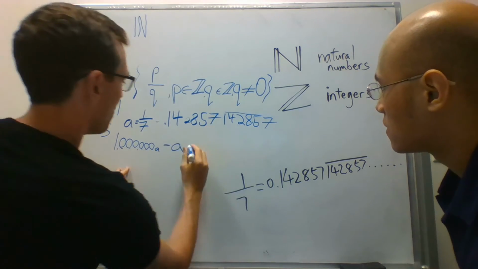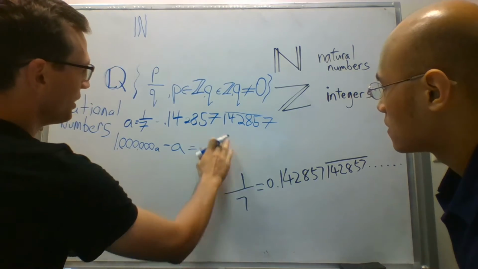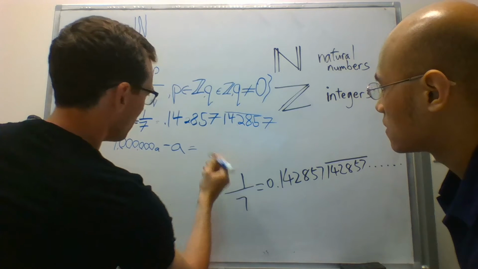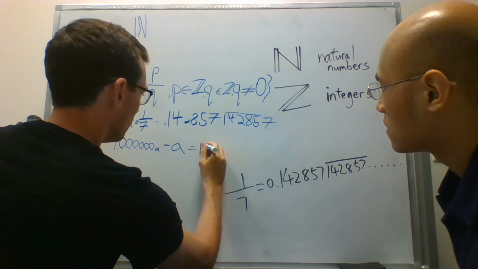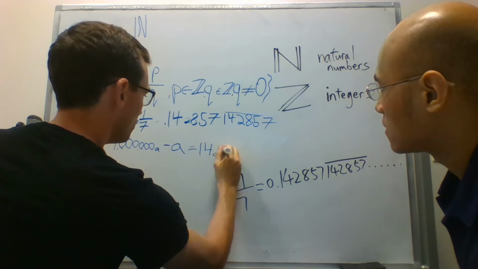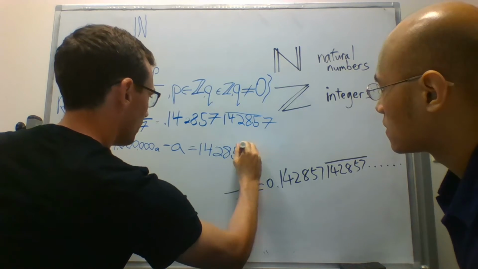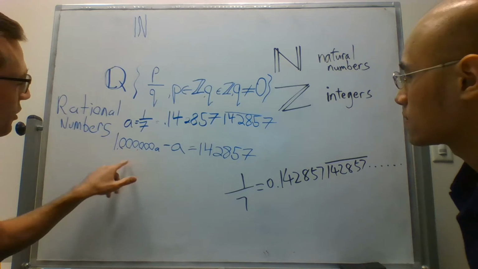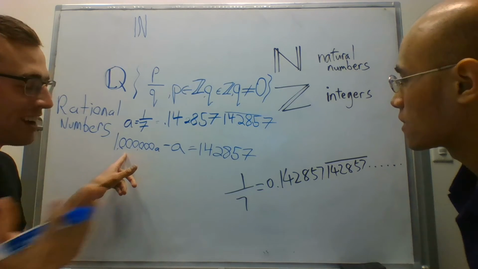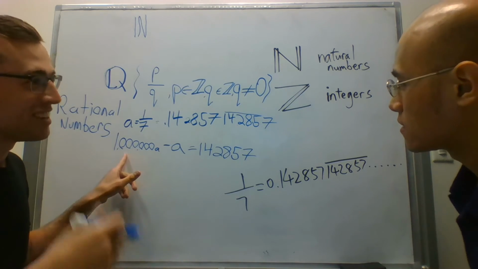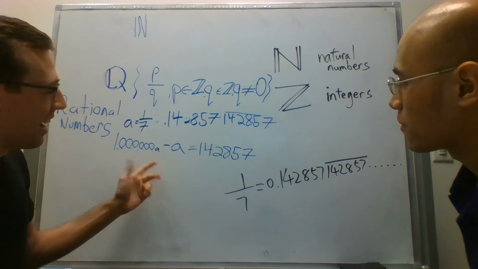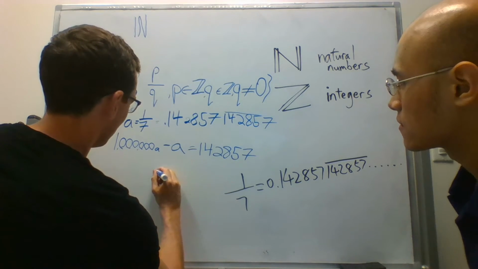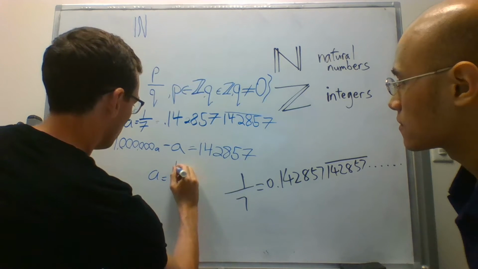You have this part of the number, but then you've lost the repeating decimal. So you get 142857. So this is 999,999 A equals 142,857.